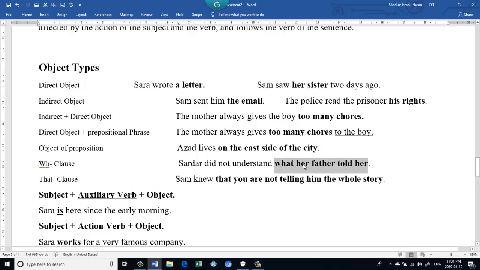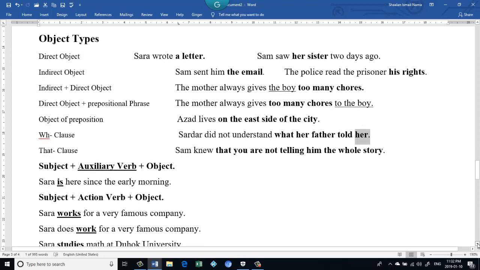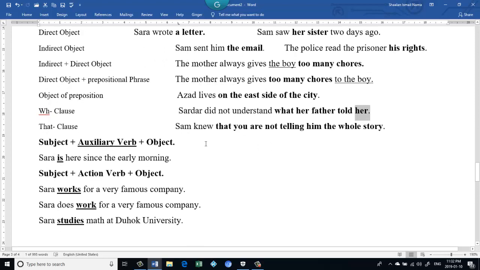What her father, this is the subject of the clause, told is the verb, her is the object. Or sometimes maybe I have that with the clause. Sam knew that you are not telling him the whole story.